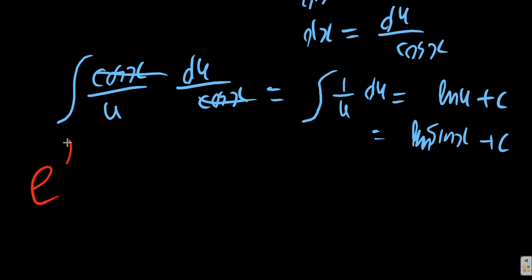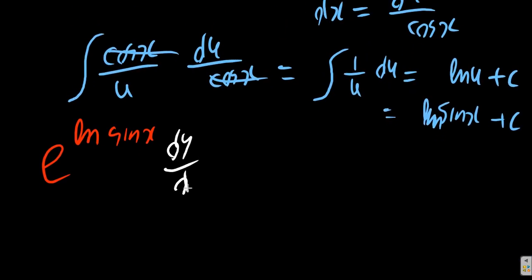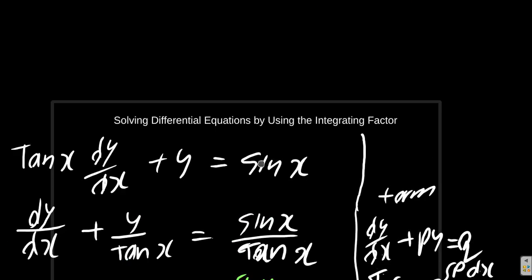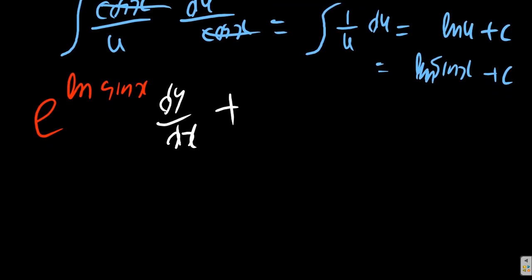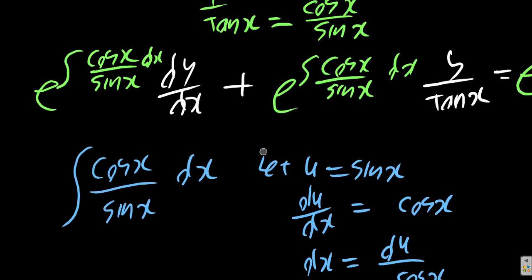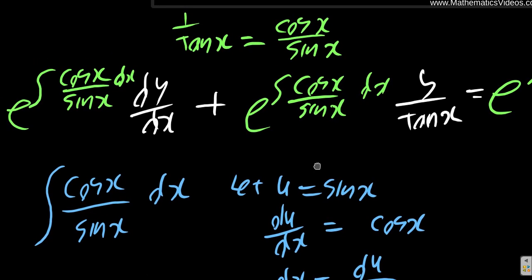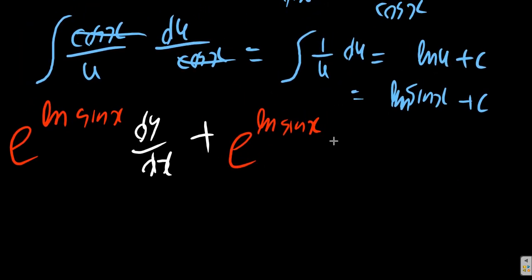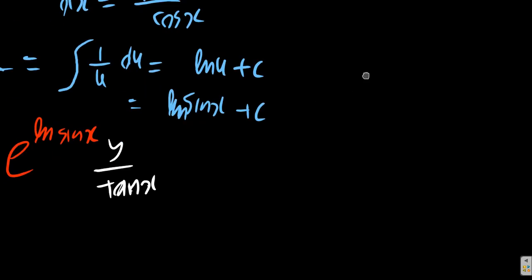Let's write it: e to the ln sin x, but we leave out the c, times dy by dx, plus e to the ln sin x again, times y divided by tan x, is equal to e to the ln sin x over tan x.